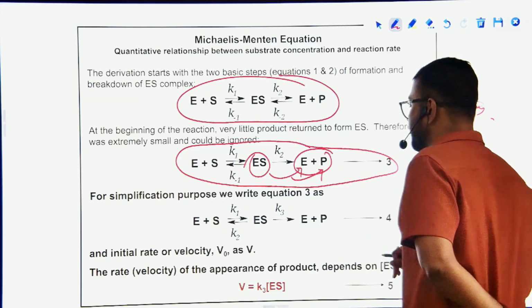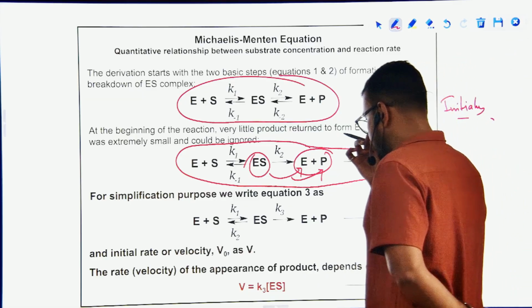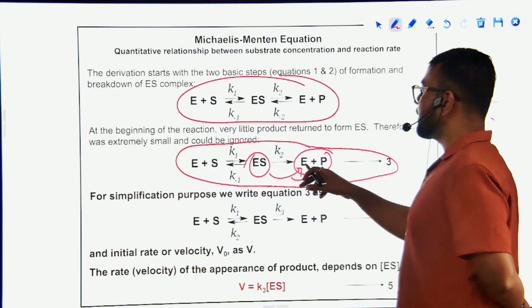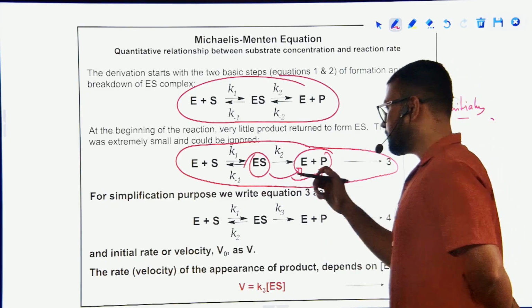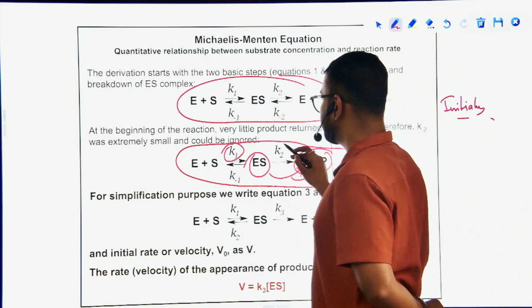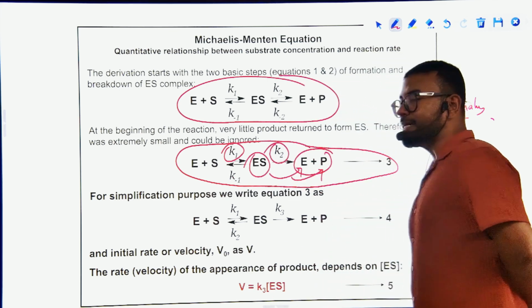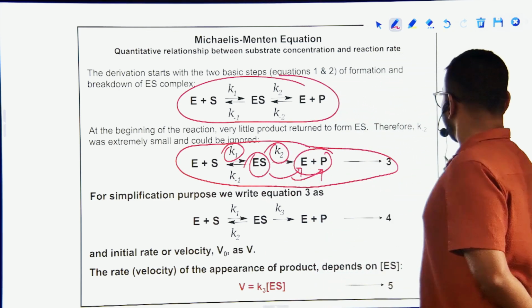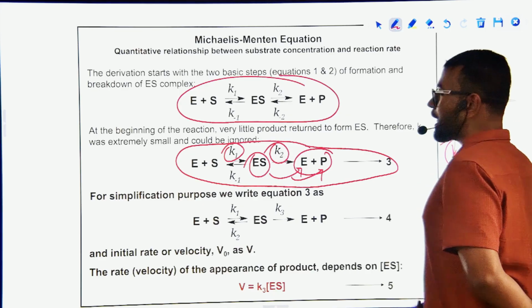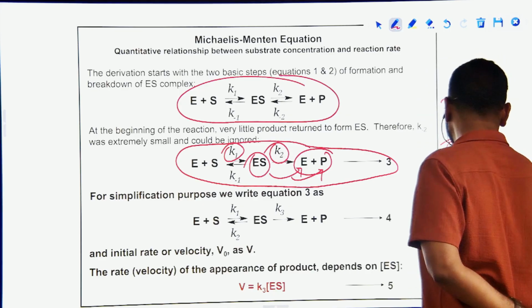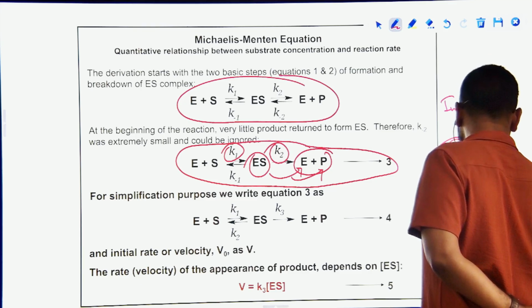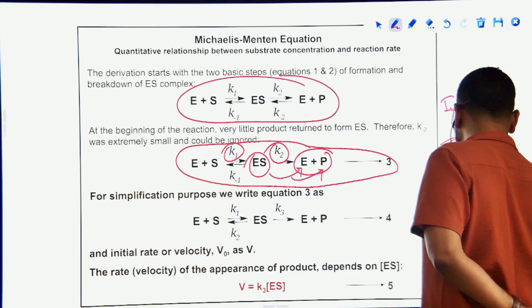Another thing we must understand from this is, as you can see, E plus S, ES, from there E plus P. For the first step, K1 is a rate constant and K2 is the rate constant for the next step. K2 in this reaction can be stated as the rate limiting step.